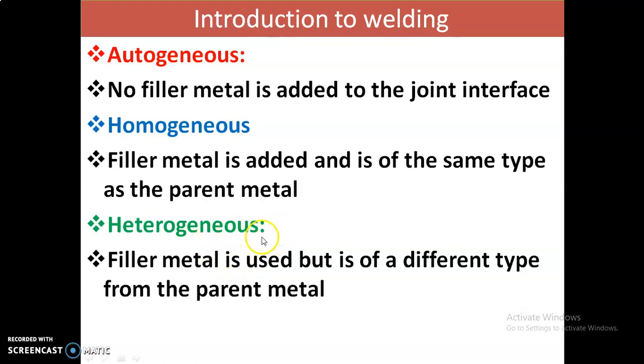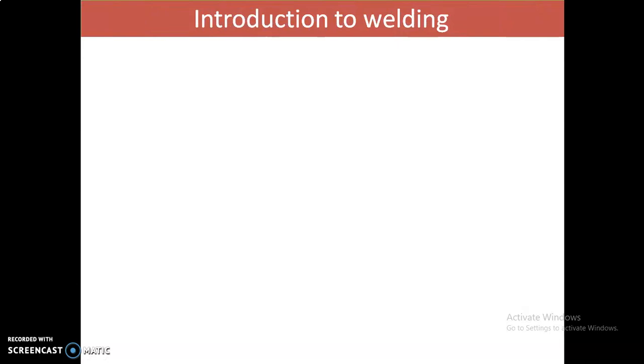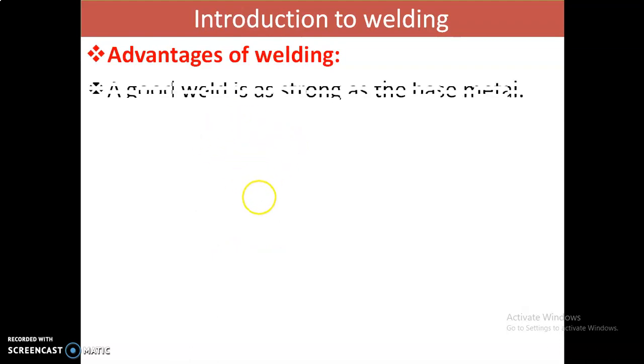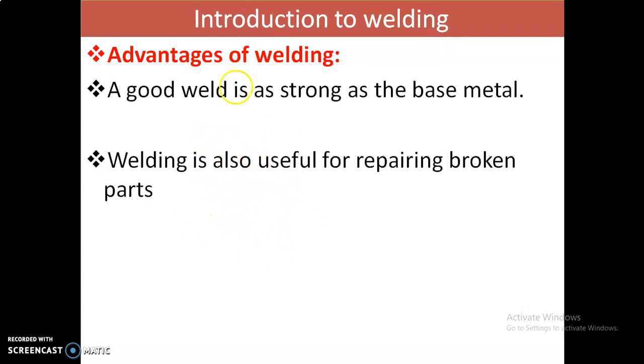Now let us discuss the advantages and disadvantages of the welding process. First advantage, a good weld is as strong as the base metal. Second advantage, welding is also useful for repairing broken parts. This is a very important advantage, so we can join broken parts by using welding.